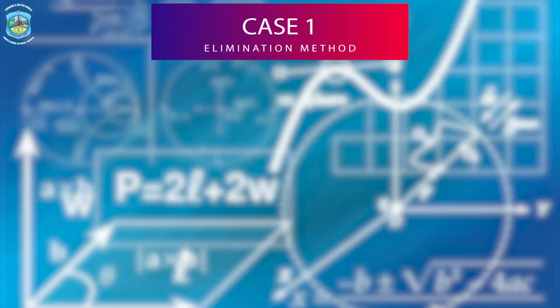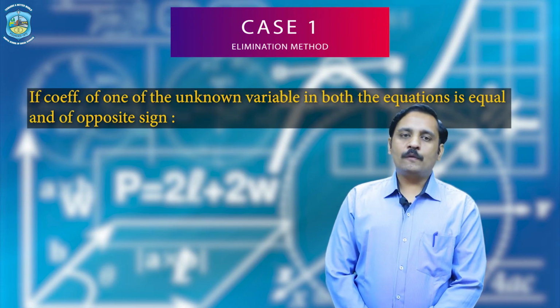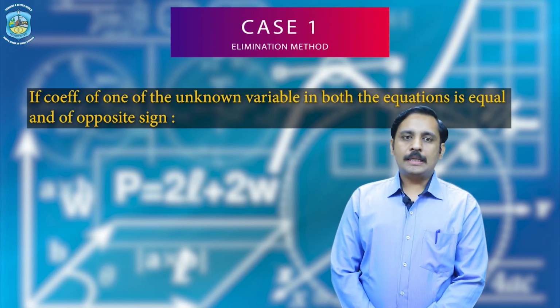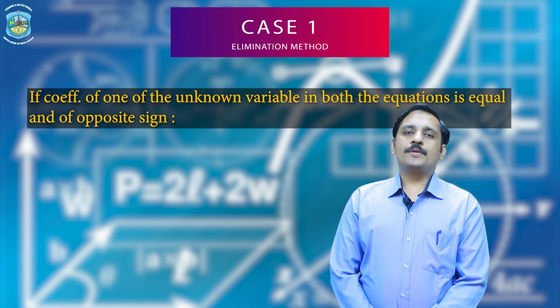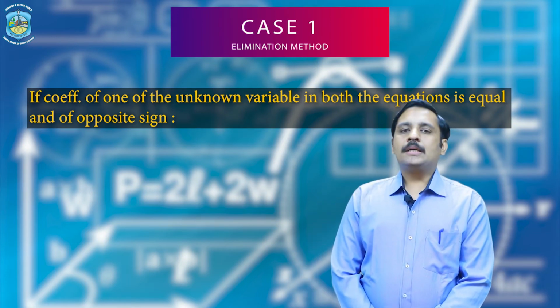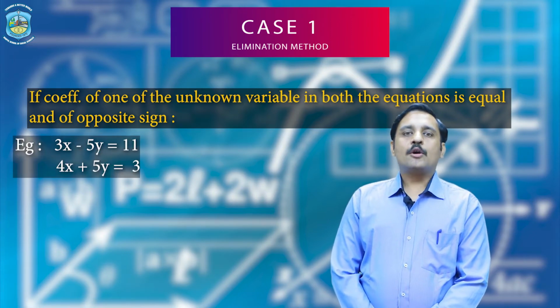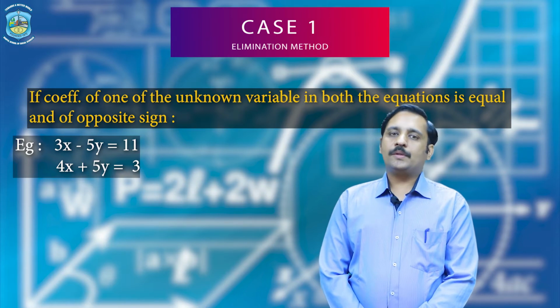In the elimination method, we have three cases. So let us look at these cases one by one. Case number 1: if the coefficient of one of the unknown variables in both equations is equal and of opposite sign. Now in this condition, we will see one example. Suppose we have the equations 3x minus 5y is equal to 11, 4x plus 5y is equal to 3.